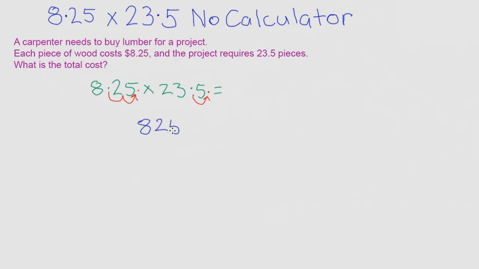825 times 235. So we always start from the ones place value, which is the right hand side, and we multiply each digit. 5 times 5 is 25, and I carry the 2. 5 times 2 is 10, plus the 2 is 12.